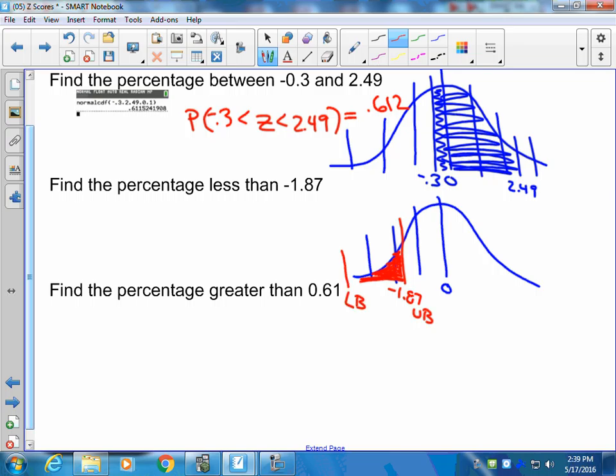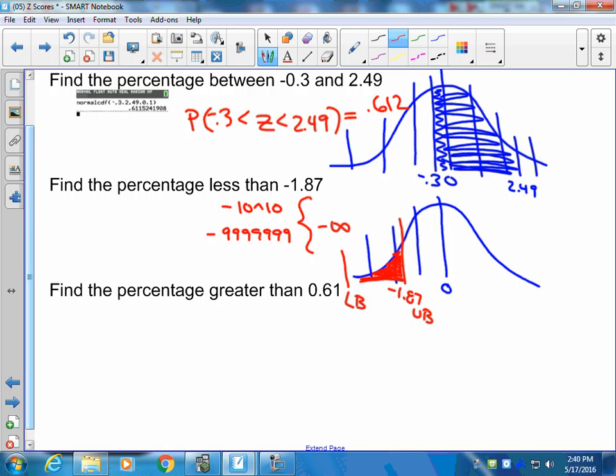Okay, what we have to do for our lower boundary is our lower boundary technically is negative infinity. Okay, the calculator doesn't have a negative infinity button. Okay, so we have two options for negative infinity as a lower boundary. We can do negative 10 to the power of 10, or we can go negative 99999 and just put in a bunch of 9s.